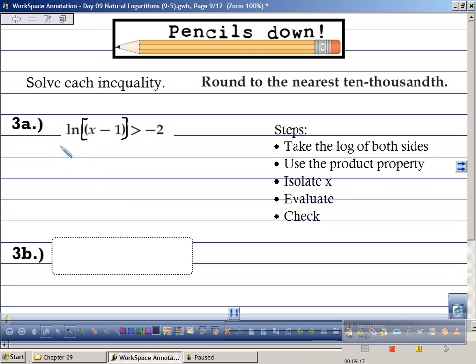Let's convert it. Let's see what happens. Log base e of x minus 1 is greater than?